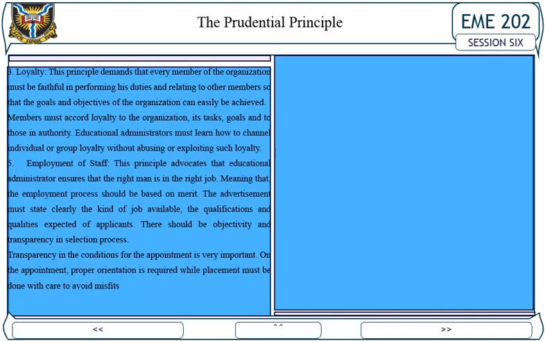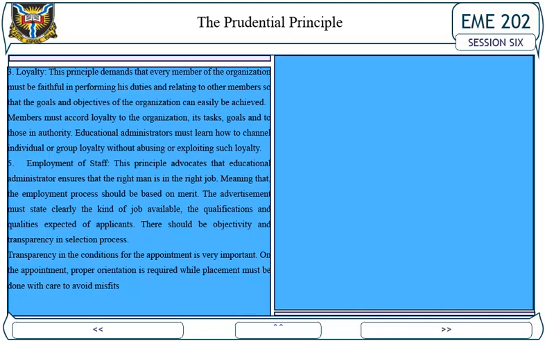2. Responsibility and authority. This principle advocates that every member of the organization must be given appropriate authority in the performance of functions or duties given to them. The individual staff must know to whom and for what he or she is responsible in the organization.